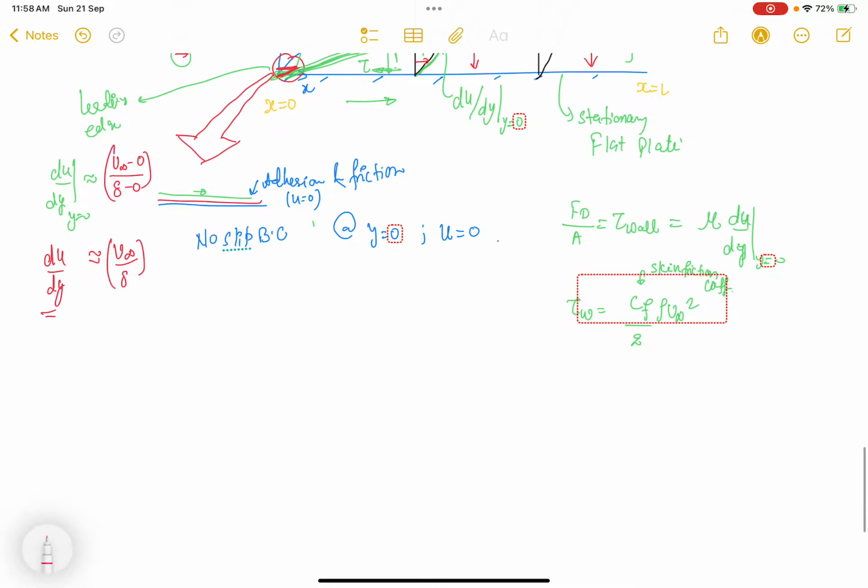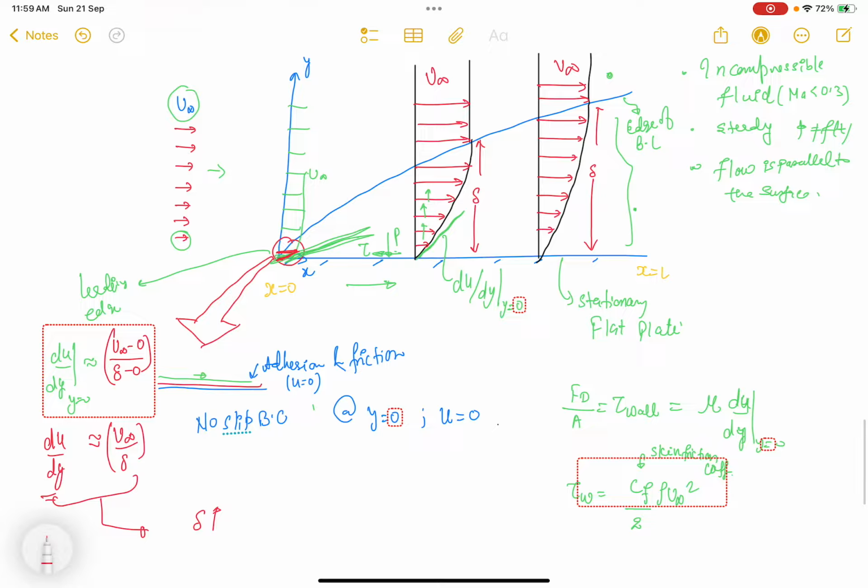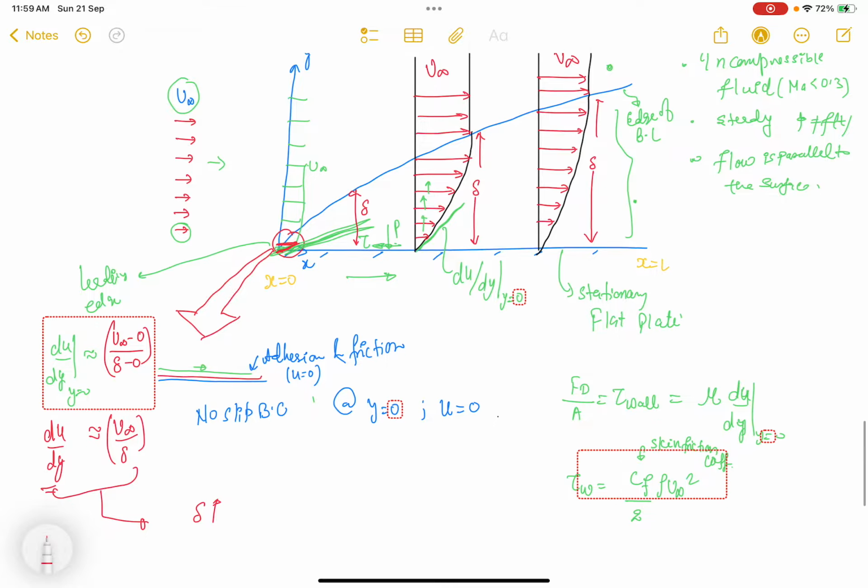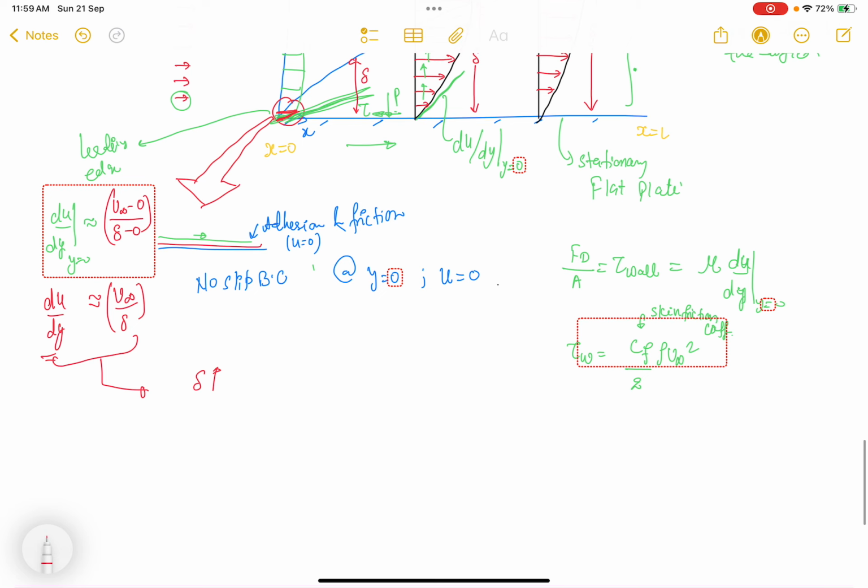So as we can see from this expression, as delta increases, which is the case here, as we are moving along the length of the plate, delta is increasing, right? So delta increases, velocity gradients decrease, it means shear stress will also decrease.